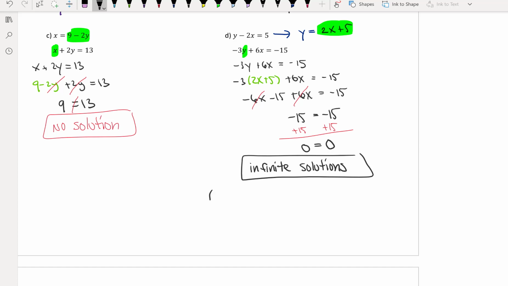So as an ordered pair, the x comma y, well, the x is independent, so I leave that alone. And the y value, well look, y is in terms of x.